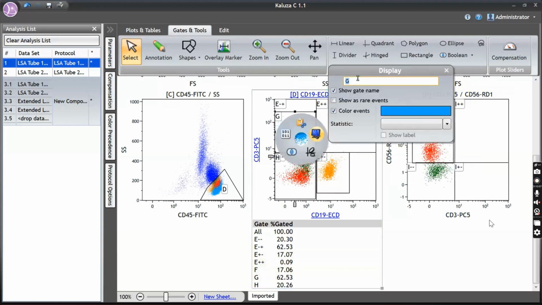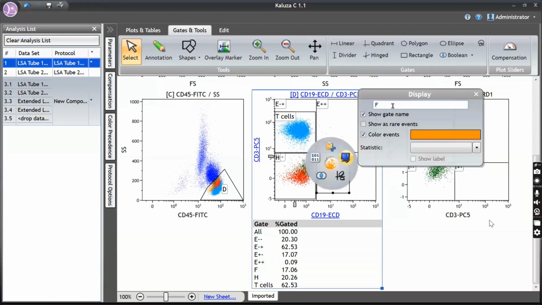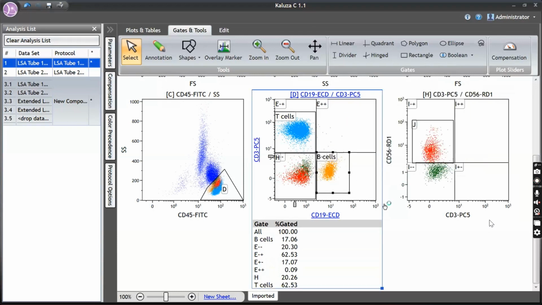So these are T cells, and these are B cells. Okay, now T cells, B cells are around 17.06% and T cells are 62.53%.